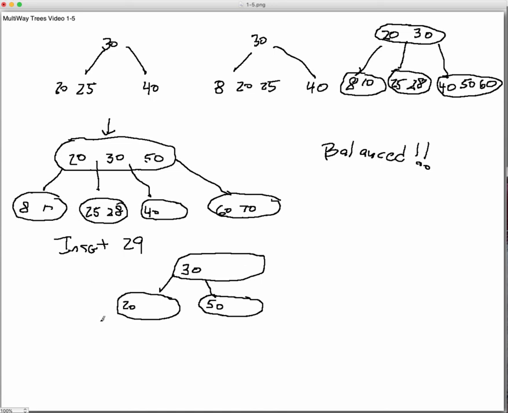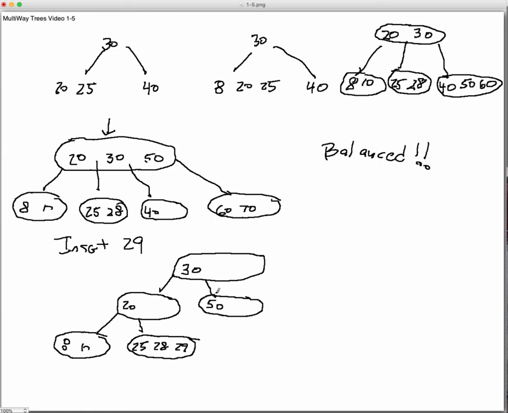And from the 20 over here, I get my 8 and my 10. And I am coming over here, and here I get 25, 28, and now, by the way, I can insert my 29. So it goes there. Now, I don't split this now.